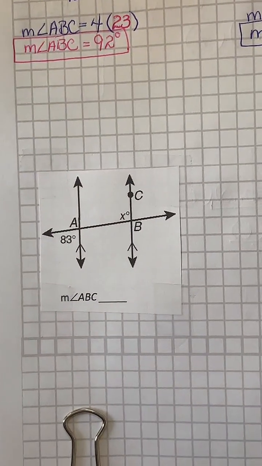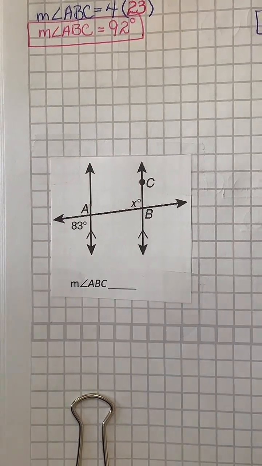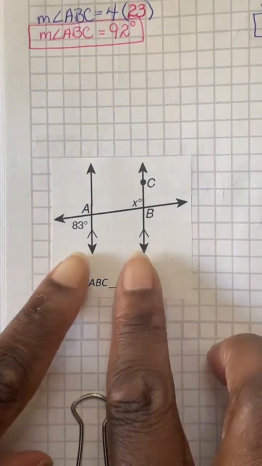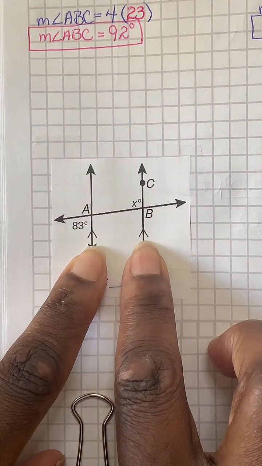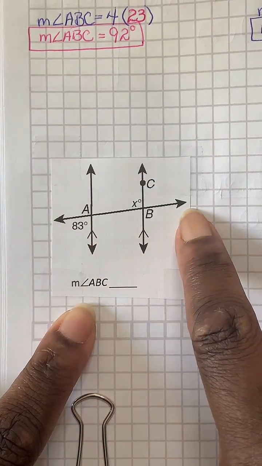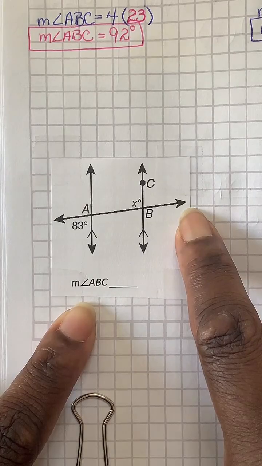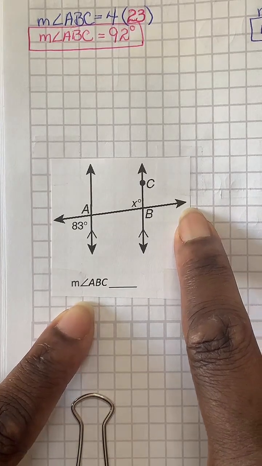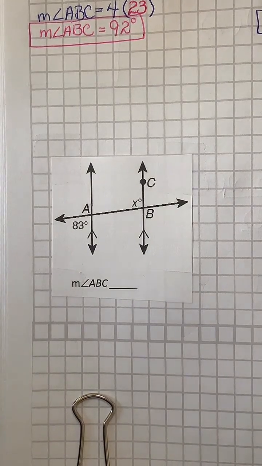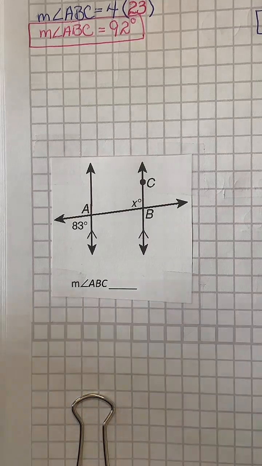Okay. So, we are going to be finding X, Christopher. Yes. All right. Are those two lines parallel? Yes. Okay. With my indication that these two lines here are parallel, that means this line here is my transversal. So now we can take this one of two ways. I'm going to put this in pencil.